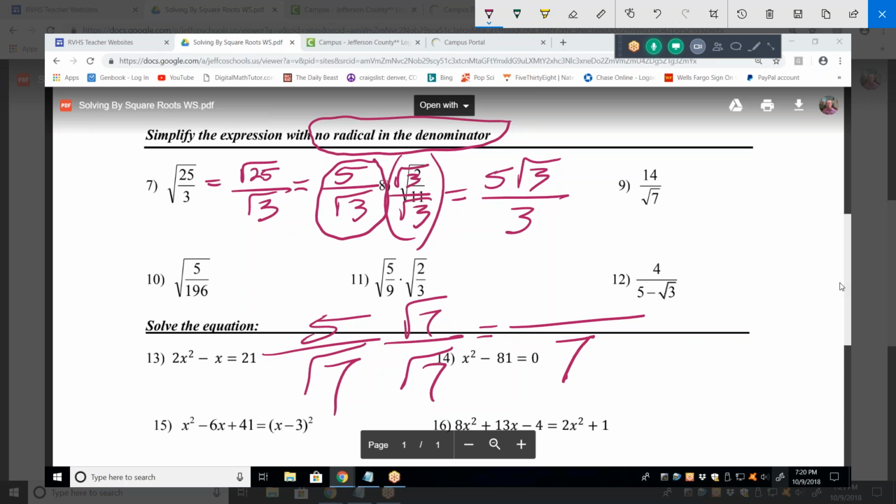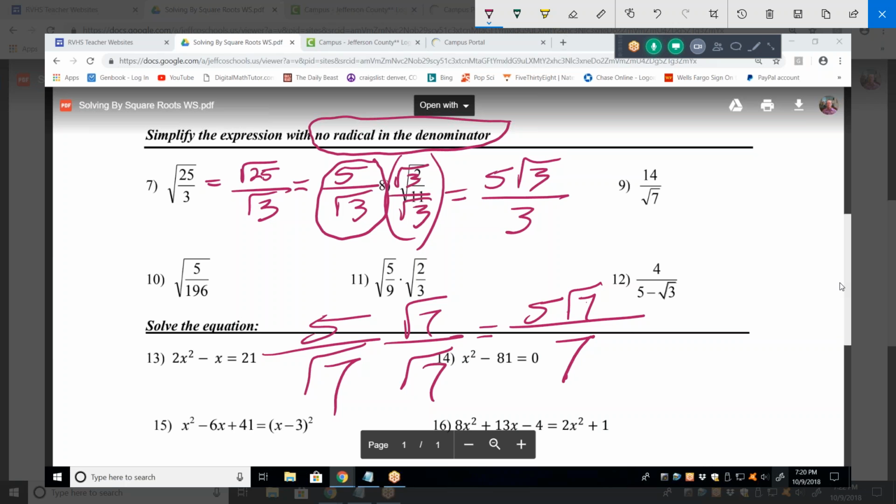Square root of 7 is irrational, and math does not like irrational denominators.